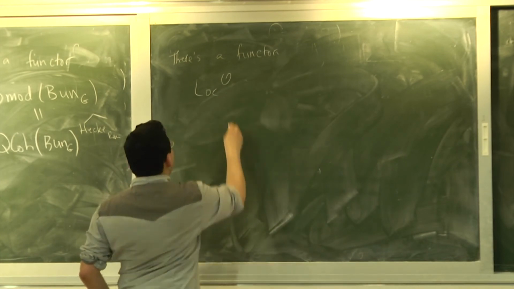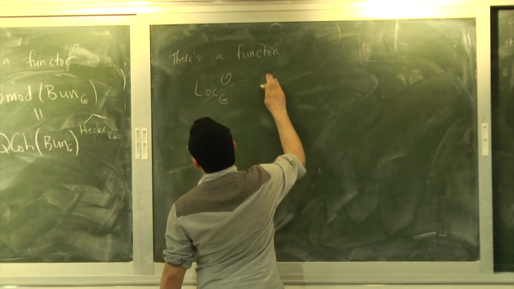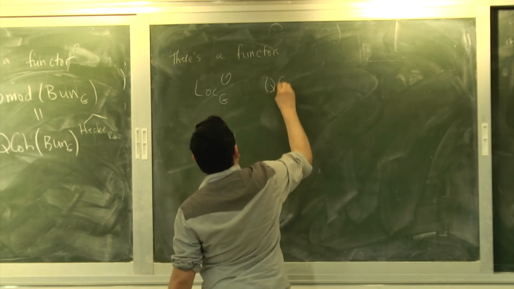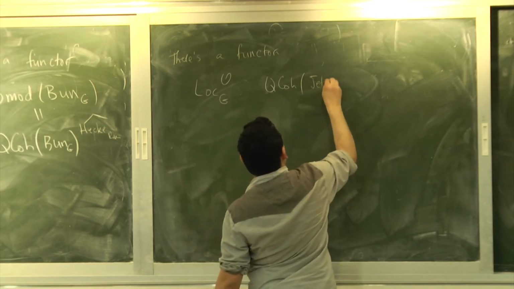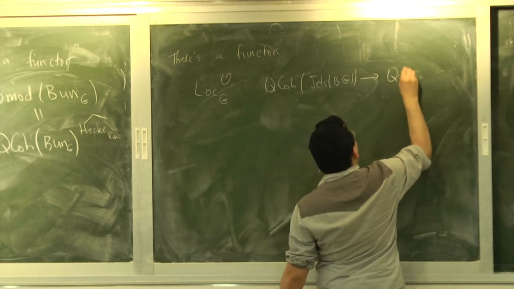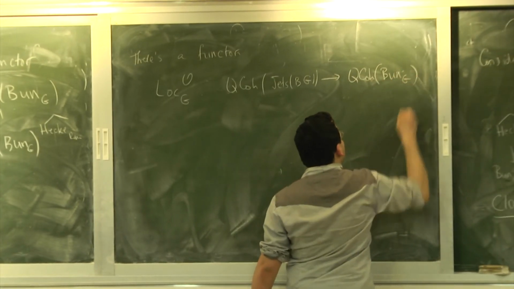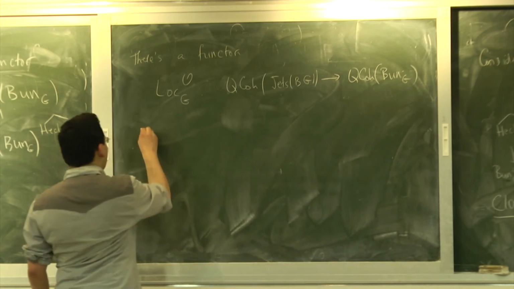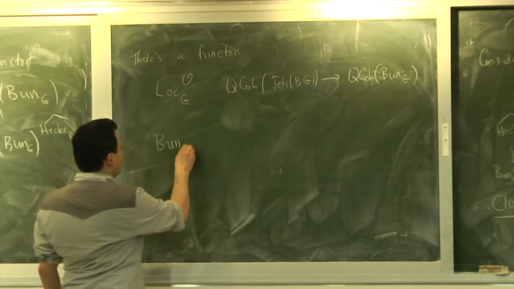sort of quasi-coherent localization from, well, let me write it like this: quasi-coherent sheaves on jets into BG into quasi-coherent sheaves on Bun G. So this is just the functor. It's the same functor I wrote down for local systems yesterday.